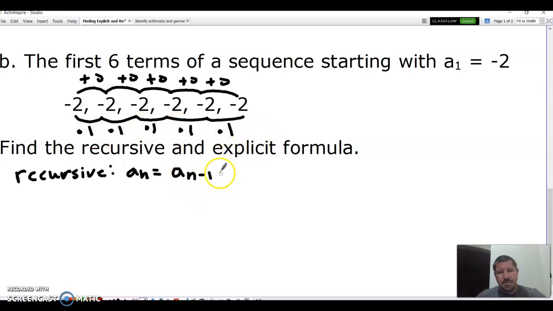So in this case I'm either adding 0 or multiplying by 1. Explicit, very simple, is that a sub n is just negative 2. Alright, that one was quick. That one was really easy.